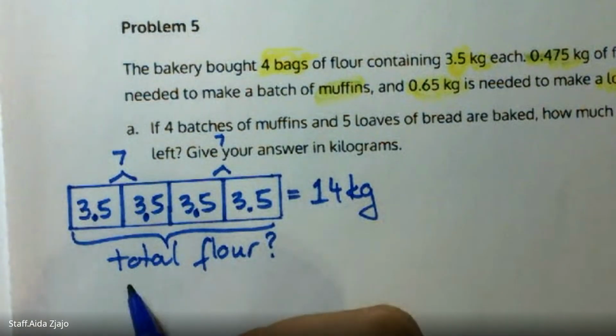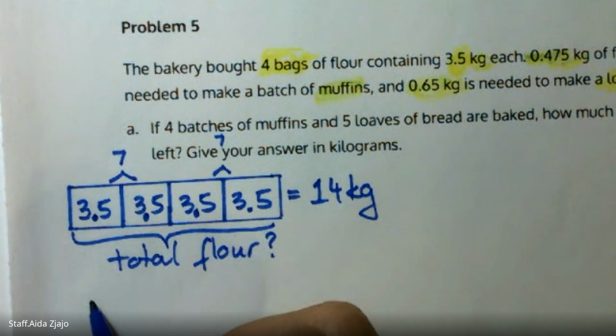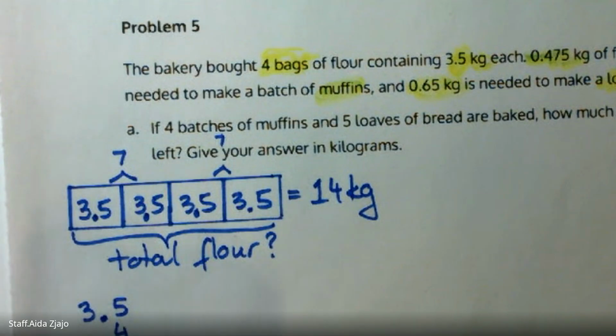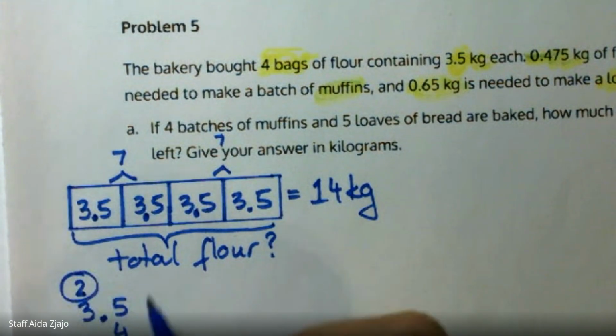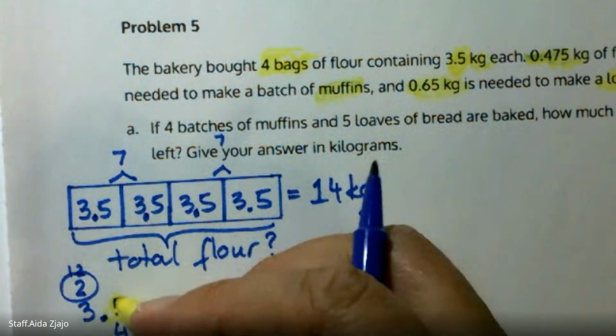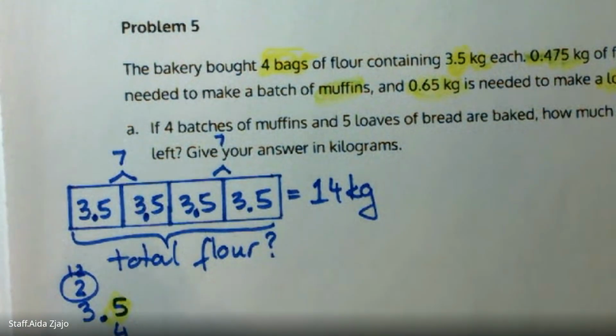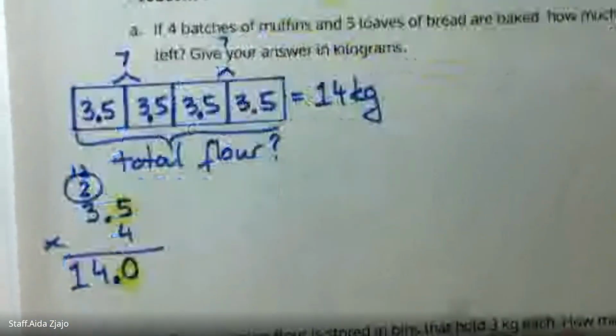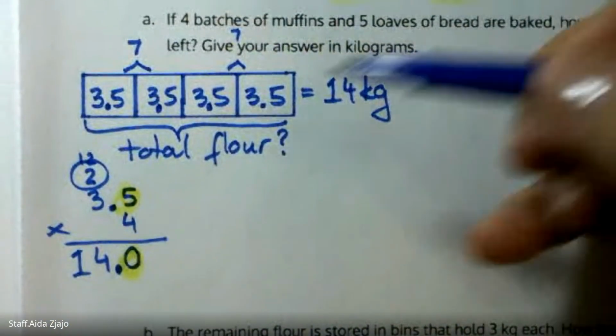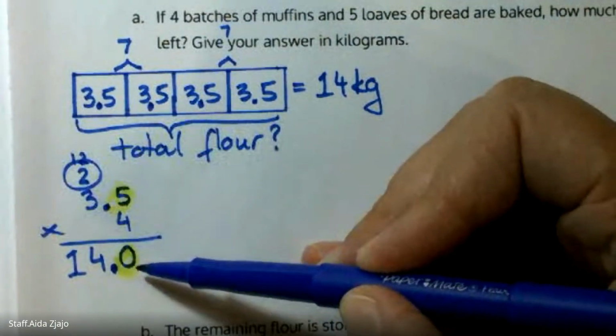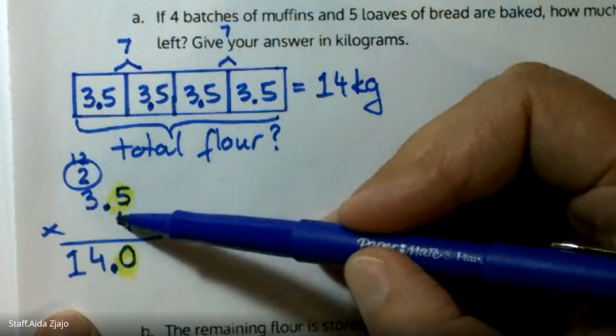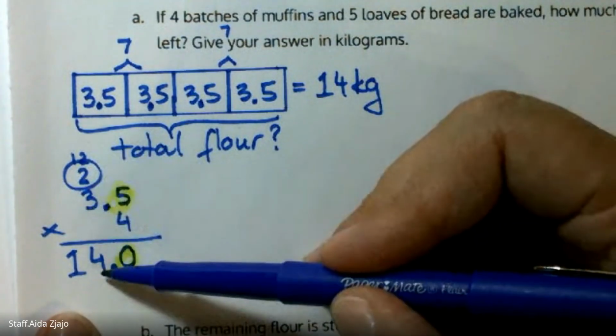If you like to do the standard way, you can say 3.5 times 4. 4 times 5 is 20, remember 2. 3 times 4 is 12, plus 2 is 14.